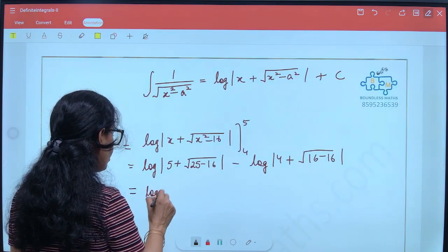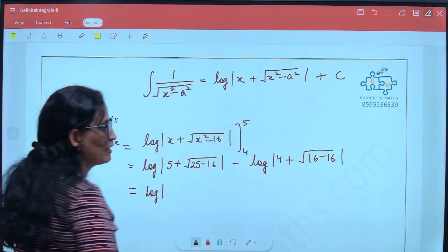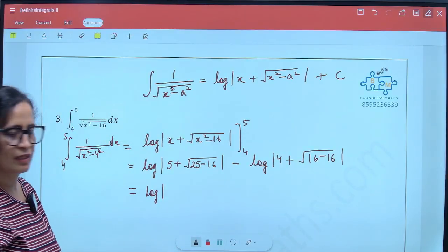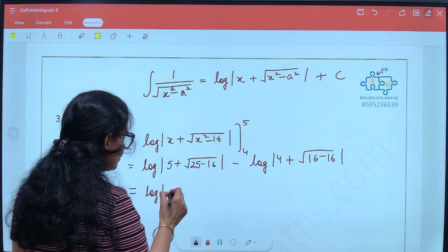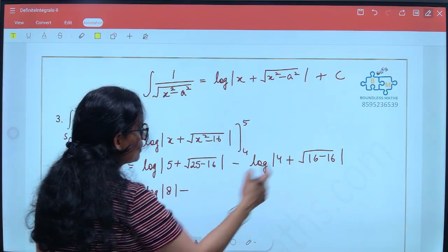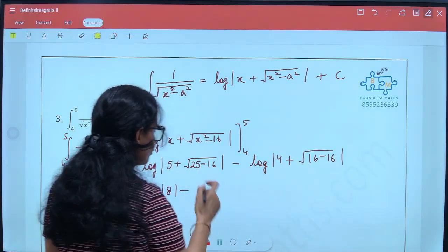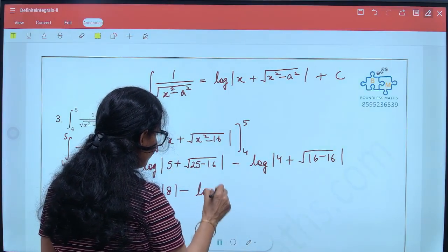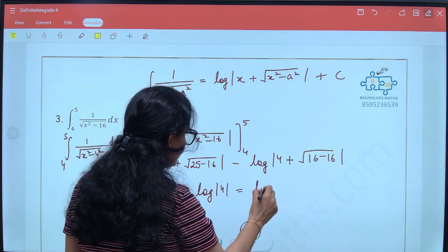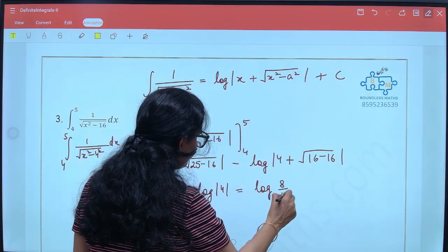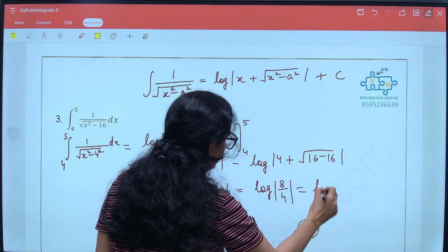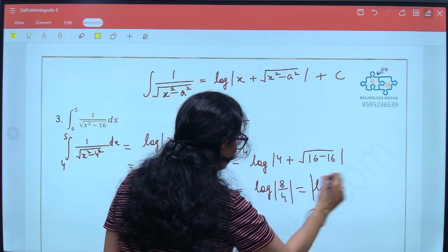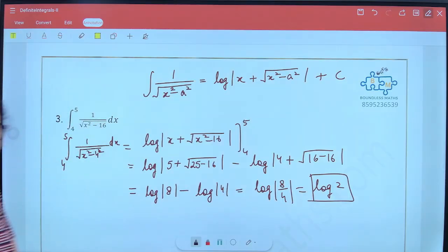It becomes log of 25 minus 16 is 9 and square root of 9 is 3. So 5 plus 3 becomes log 8 minus 16 minus 16 is 0. So this term becomes log of 4. So this is equal to log of 8 by 4 and that is equal to log 2. So this is the final answer.